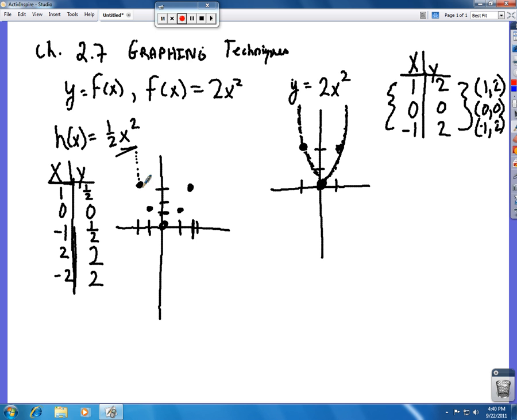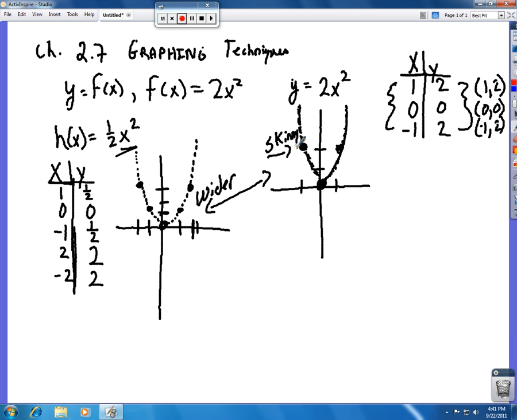So they're not going to be connecting the dots, it's going to be more of a U, like such. And you can see these two here, they look pretty similar, but if you drew them to scale a little bit better than I had, you would see that this one is a little bit wider than this one over here. So this one is pretty skinny.